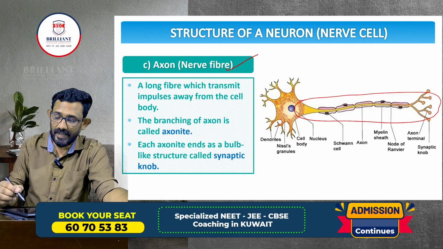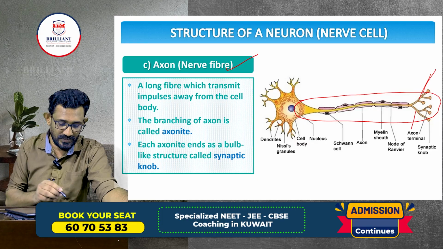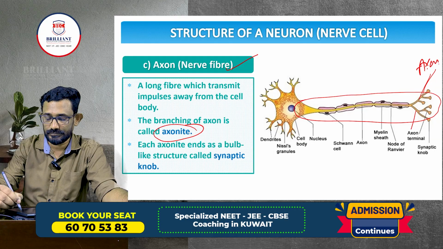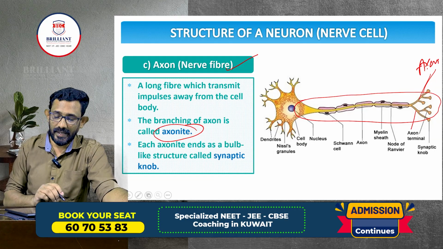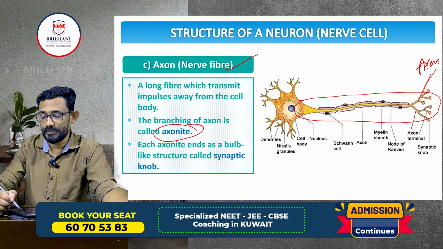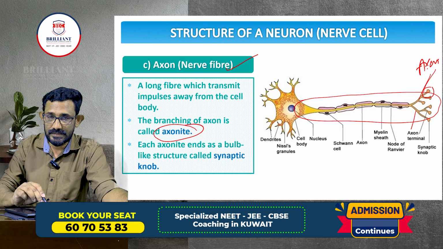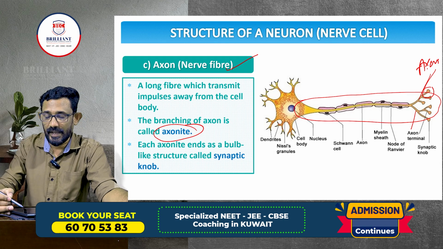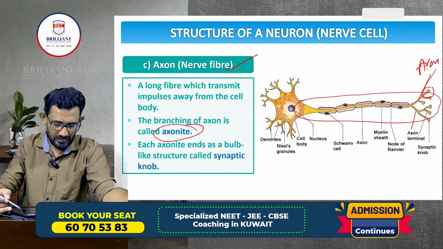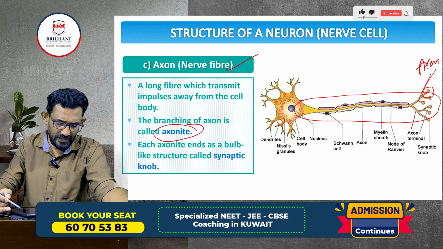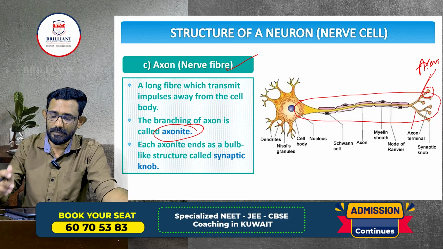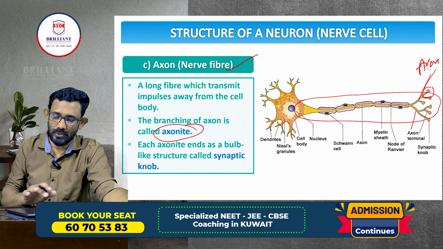The branches of the axon are known as axonites. Each axonite ends in a bulb-like structure called a synaptic knob.